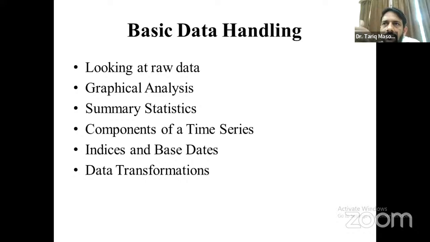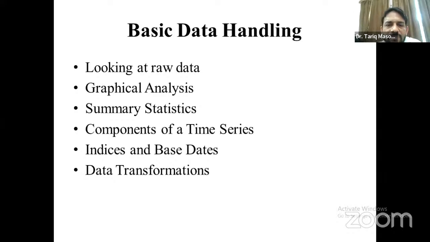We can use time series plot, histogram, bar diagram. A lot of graphic options can easily be done with statistical software, and you must do that. Summary statistics means deriving basic summary statistical values like mean, variance, mode, everything.